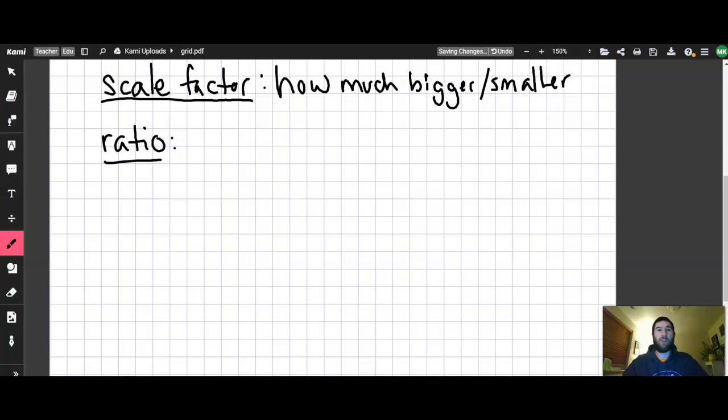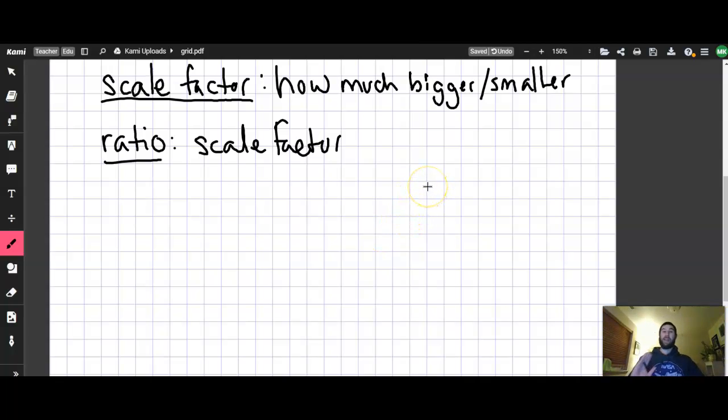So ratio is just another word about comparing two things. Our scale factor is specifically the number of how much bigger or smaller it is. The ratio functionally is the exact same thing. It is how much bigger or smaller when we compare the two shapes. And so actually, I'm going to write scale factor down there. The ratio is the scale factor.